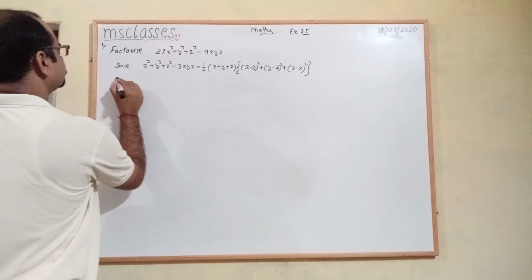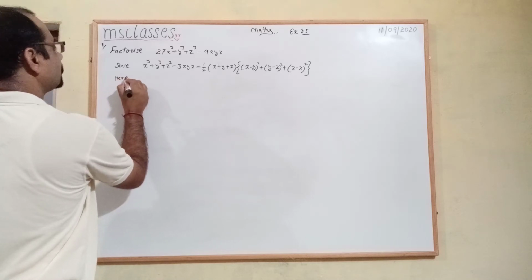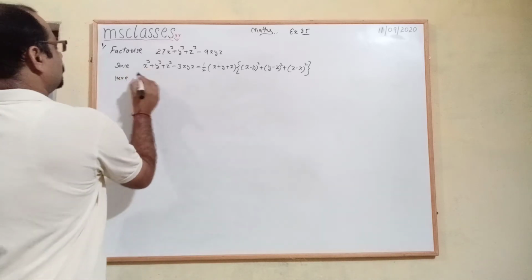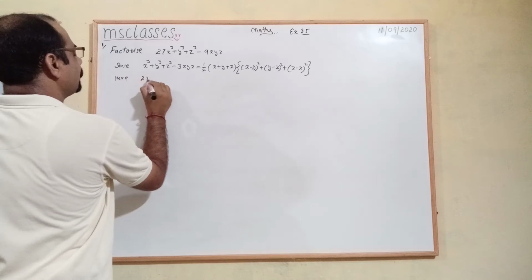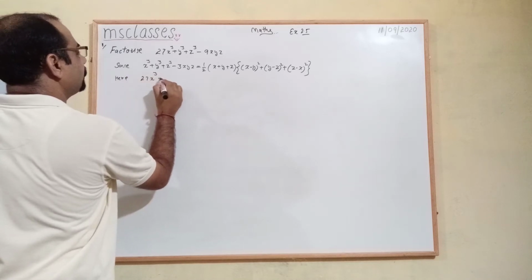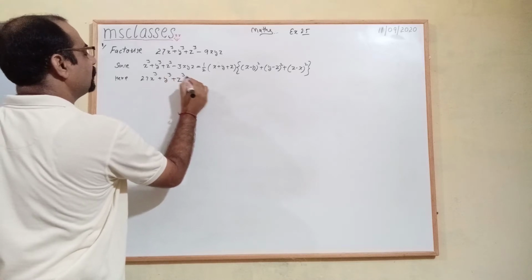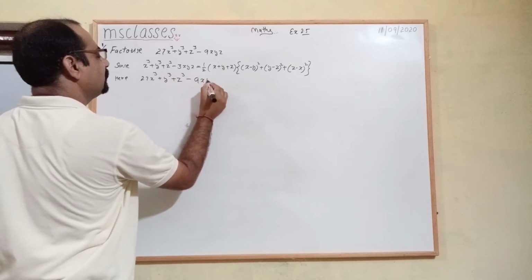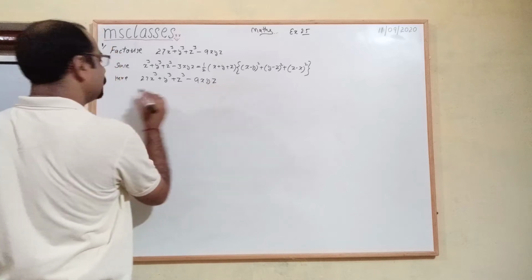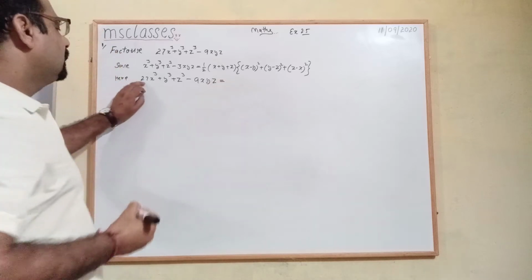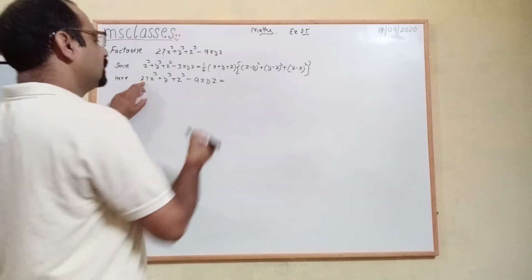Here, 27x cube plus y cube plus z cube minus 9xyz. 27 means 3 cube.